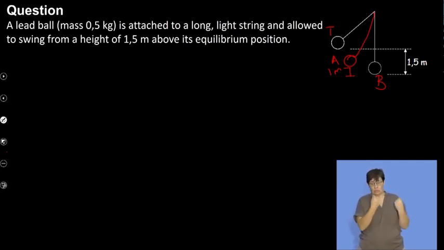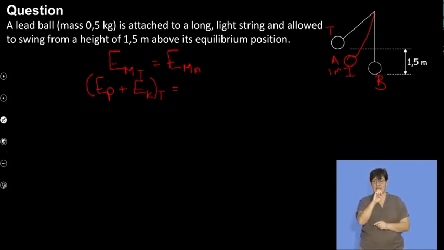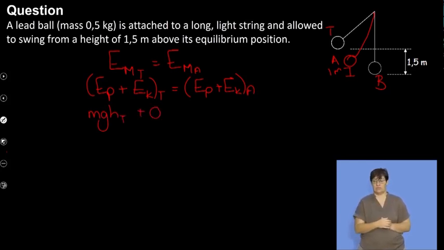So the mechanical energy at the top is equal to the mechanical energy at point A. So this was potential plus kinetic energy at the top, which equals the potential plus the kinetic energy at point A. At the top, this was mgh. This was 0. Now I don't have another 0.